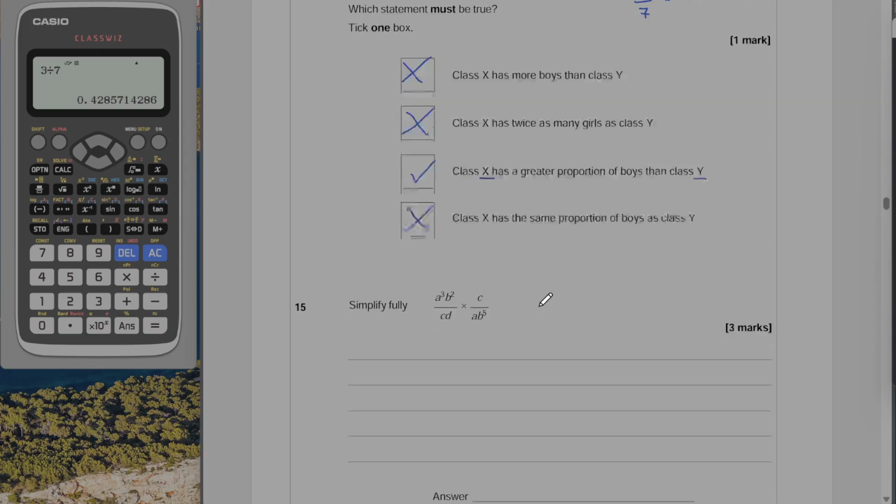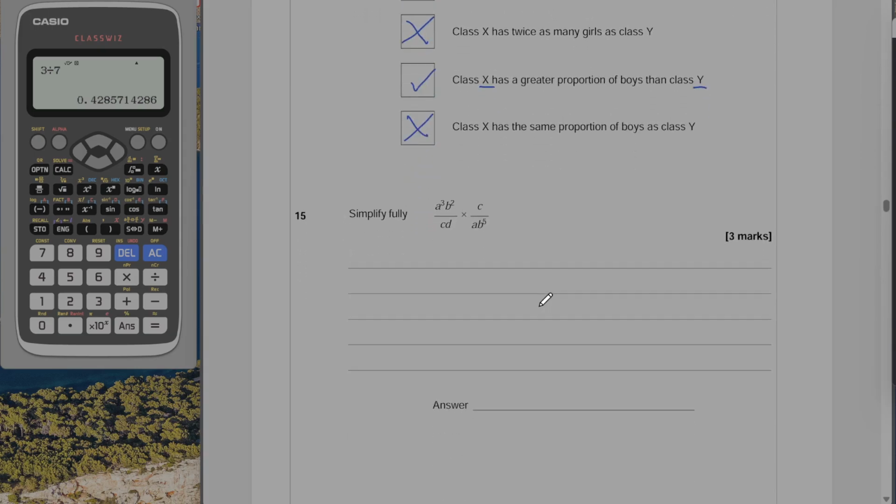Okay, fully simplify. We can cancel a C here and a C here. We can cancel an A here to make that 2, and we can cancel 2 here to make that 3. So we're left with A squared over DB cubed.